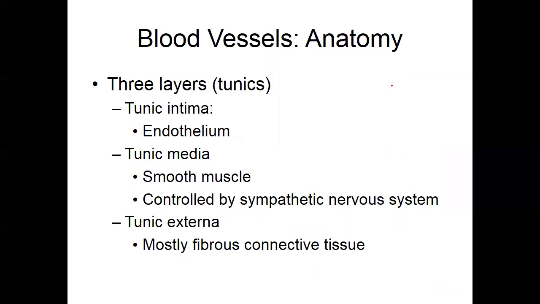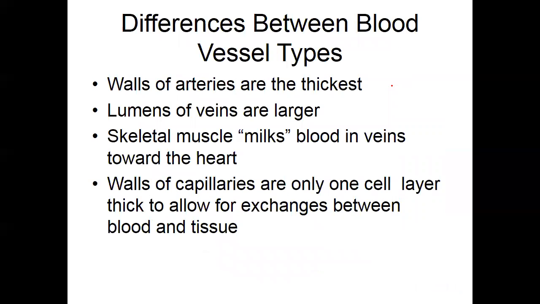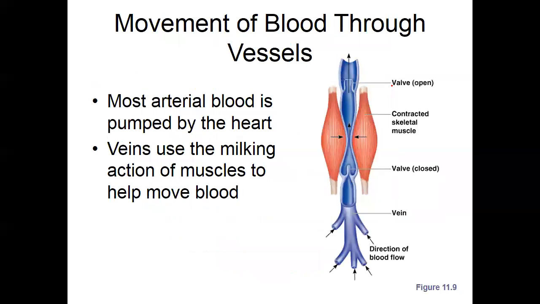Endothelium, again, usually one cell thick. The tunica media is that smooth muscle controlled by the sympathetic nervous system, and the externa is the fibrous connective tissue. We talked about the thickness of the arteries versus the veins, and the skeletal muscles milking the blood through the venous system. That's what this diagram shows.